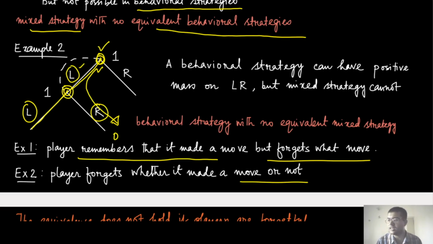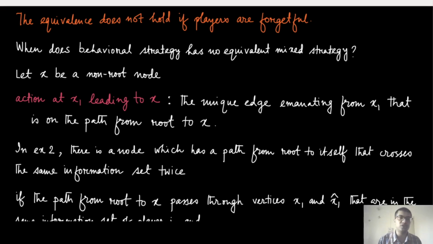That is why these two nodes are being connected with this dotted line. If it had remembered that it has actually moved, then these two nodes should not have been in the same information set. Now we have just seen 2 examples where this equivalence of mixed strategy and behavioral strategy does not hold, and that is because players are forgetful in this case, with different kinds of forgetfulness.